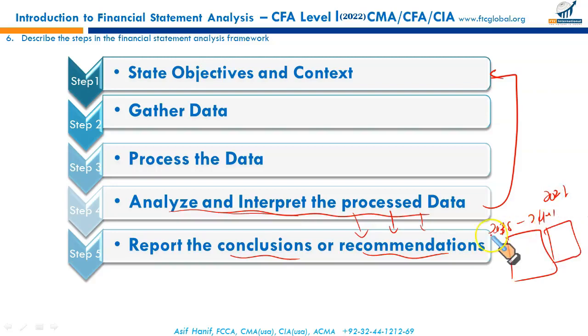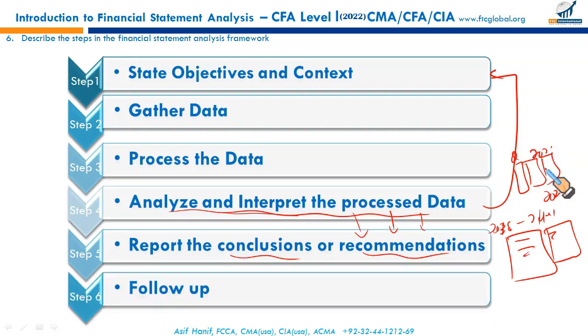The last 2 years' data is already historical, but for the current year 2020-2021, we have taken the data for the first quarter only. As time progresses, quarter 2 information would be available from the Edgar system. We need to add the information as it is received, so we may have to update our analysis as the new information is received. So the last step is to follow up: update your analysis, repeat the steps periodically so as to make any changes that might be required in the given circumstances.